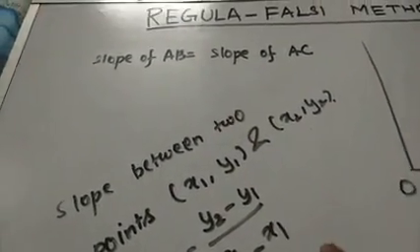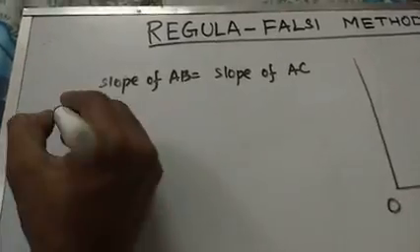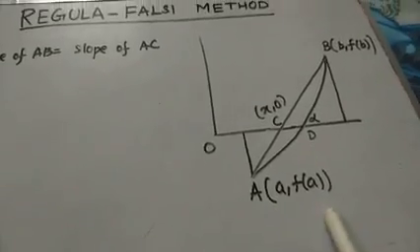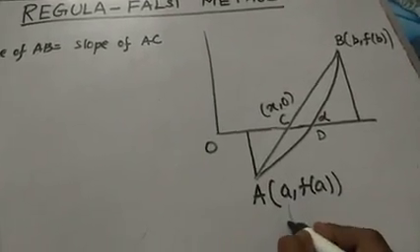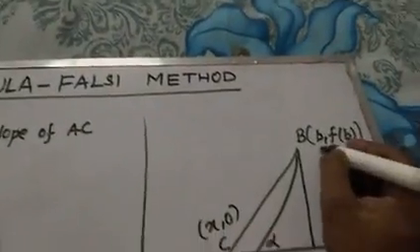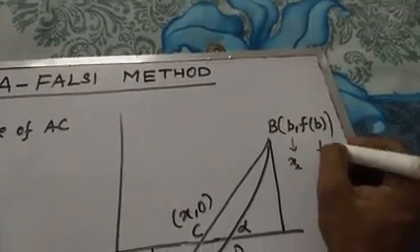Okay, so let's start. So slope of AB. Now what are the points of AB? A point is this. That means we can say that this is x1 and this one is y1, and B point, we can say this is x2 and this is our y2.